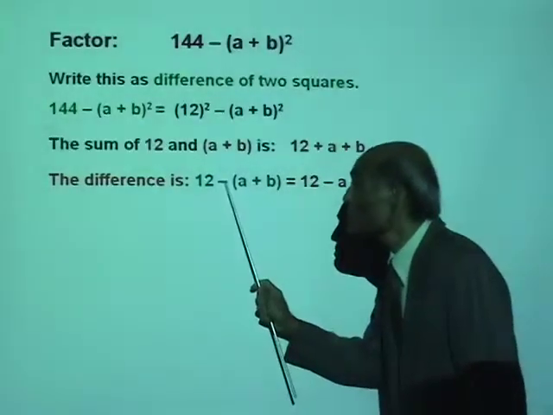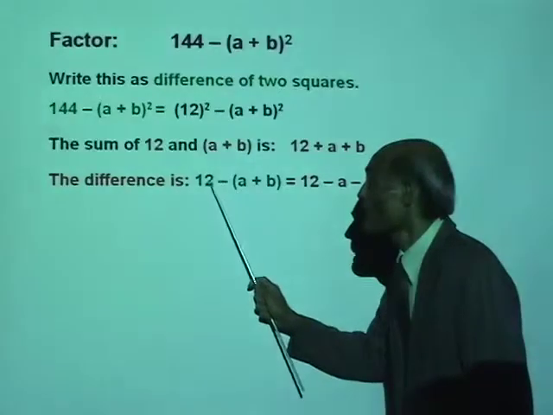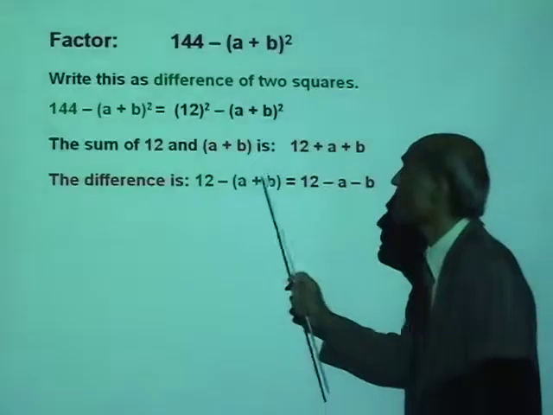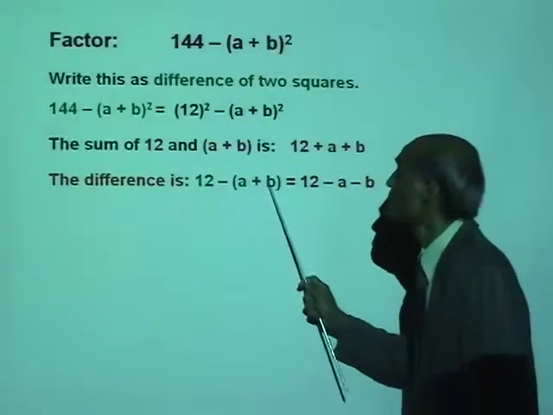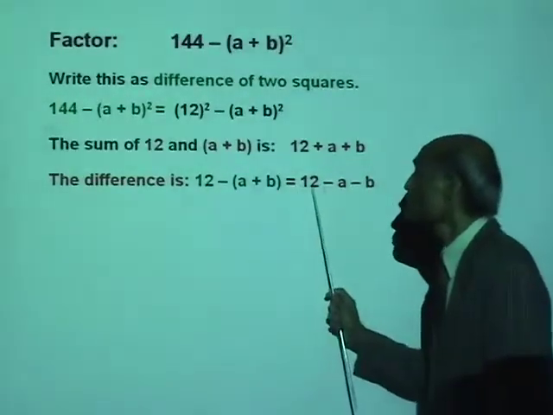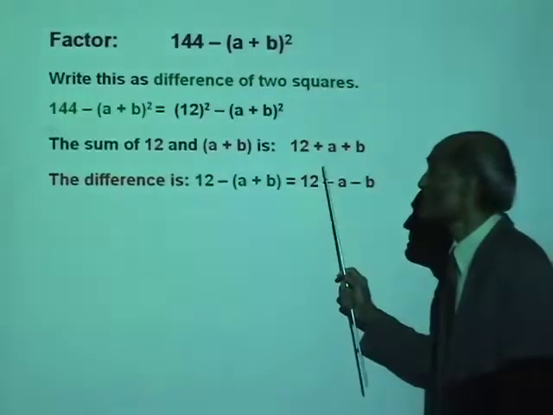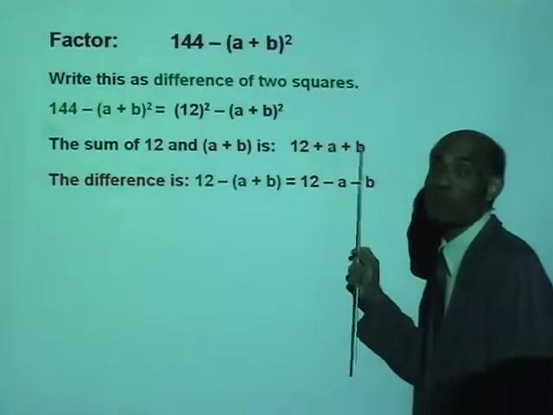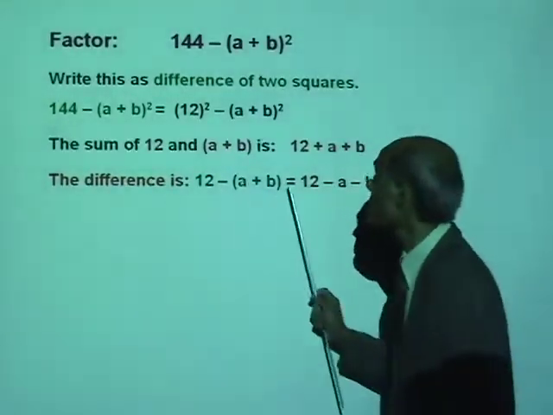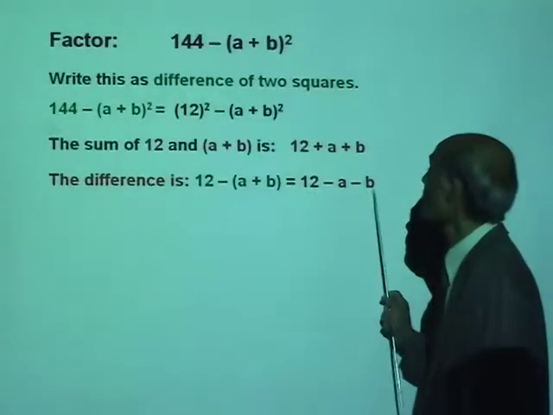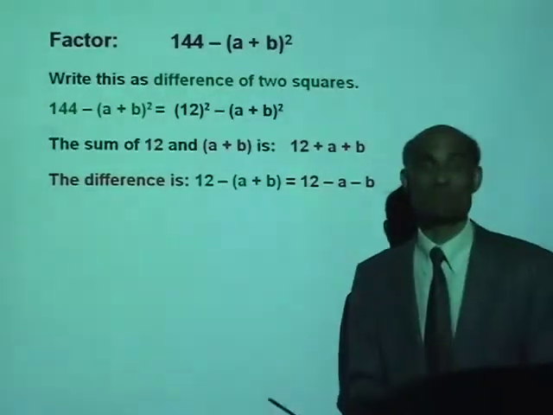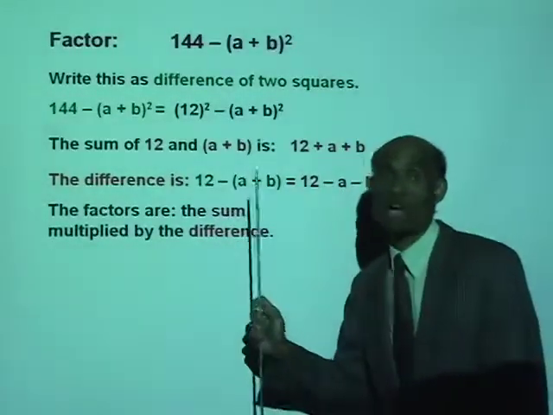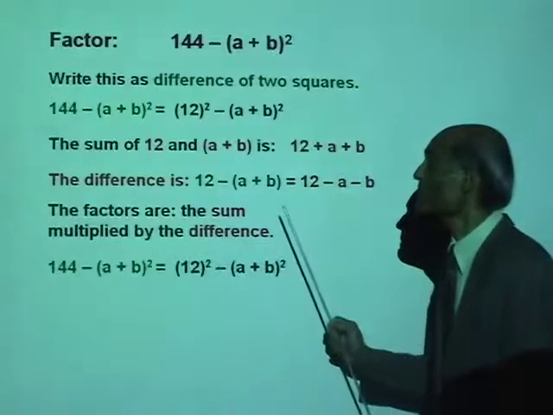And now distribute that negative 1. That will be 12 minus 1 times a is minus a, and minus 1 times b is minus b. So this is the difference. The sum of the two quantities is 12 plus a plus b, and the difference of the two numbers is 12 minus a minus b. And so the two factors are the sum multiplied by the difference.